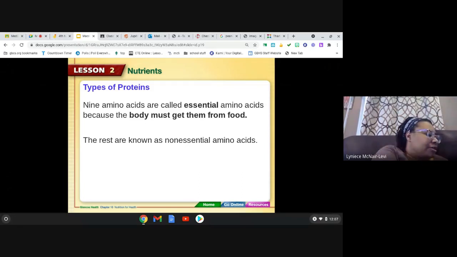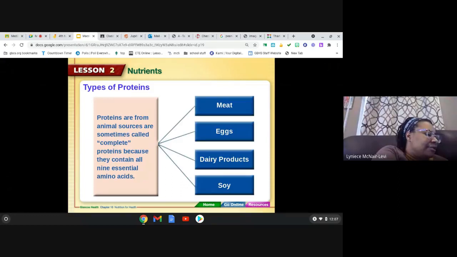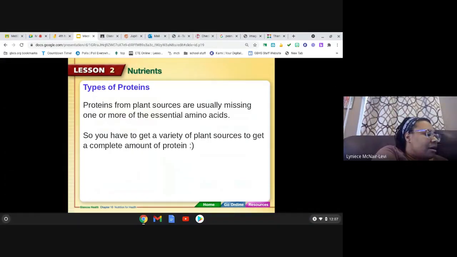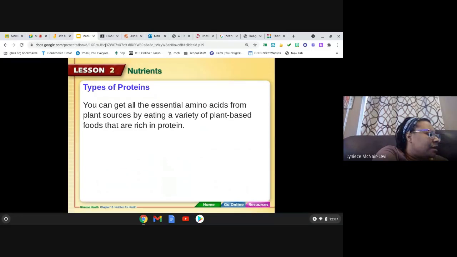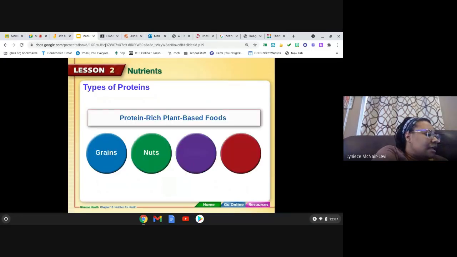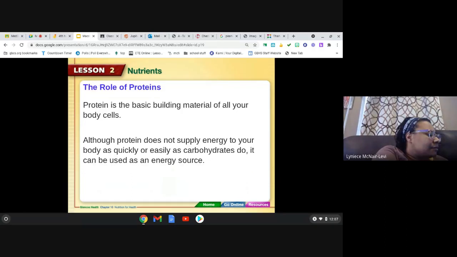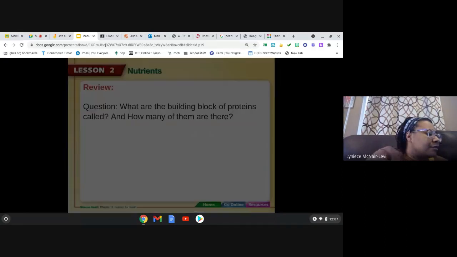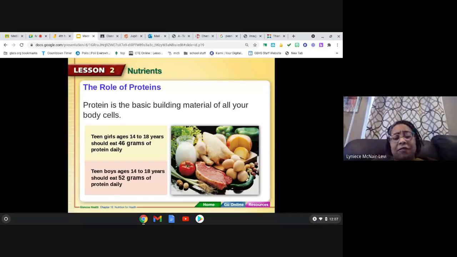Here is where you can get those 9 essential amino acids: meat, eggs, dairy, and soy. The rest come from plant sources: grains, nuts, seeds, and legumes. Perfect. All right, I told you this was going to go fast.